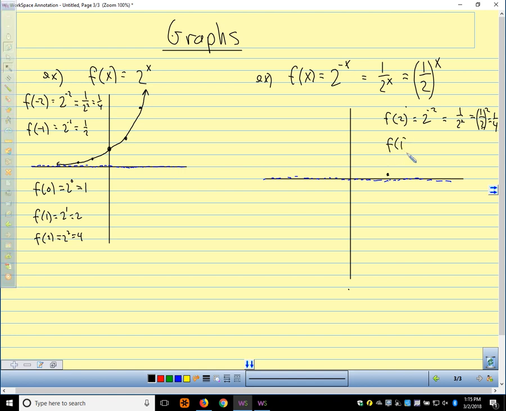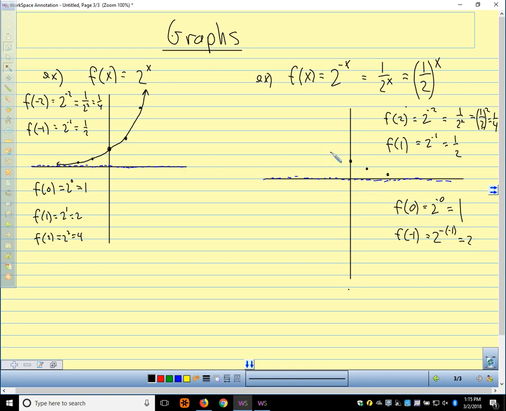F of 1 equals 2 to the negative 1, which is 1/2. So it goes up a little bit more. F of 0 is 2 to the negative 0, which is 1. Always goes through the point 0, 1. It's not shifted. F of negative 1 is 2 to the negative negative 1, which is 2.